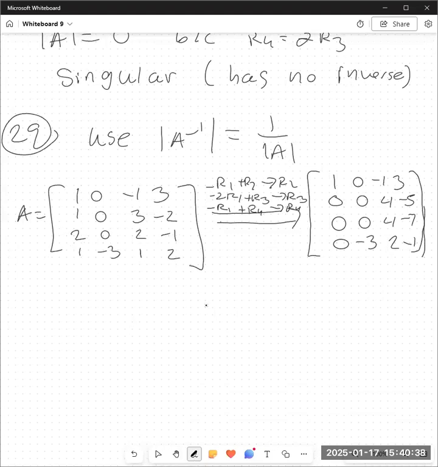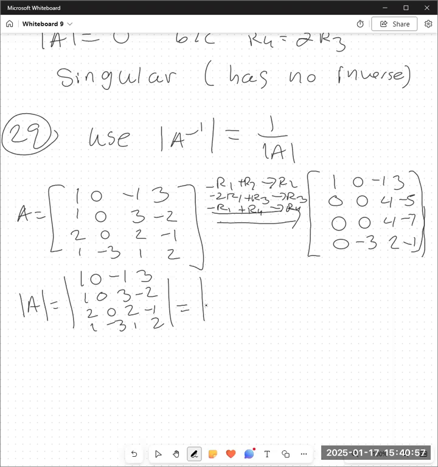But let's go ahead and write the determinant of A, which is equal to the determinant of this because of those row operations that I just did.